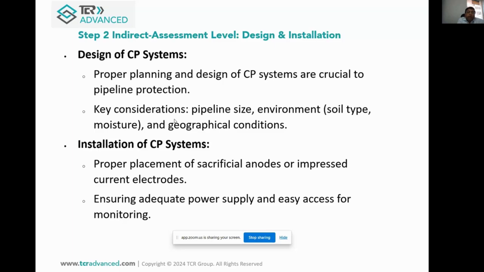It will impact that pipeline. So you need to use your mind to select your anode bed locations. Anode bed locations should be remote locations in terms of impressed current, and they should be free of interference. Interference prone zones should be avoided.